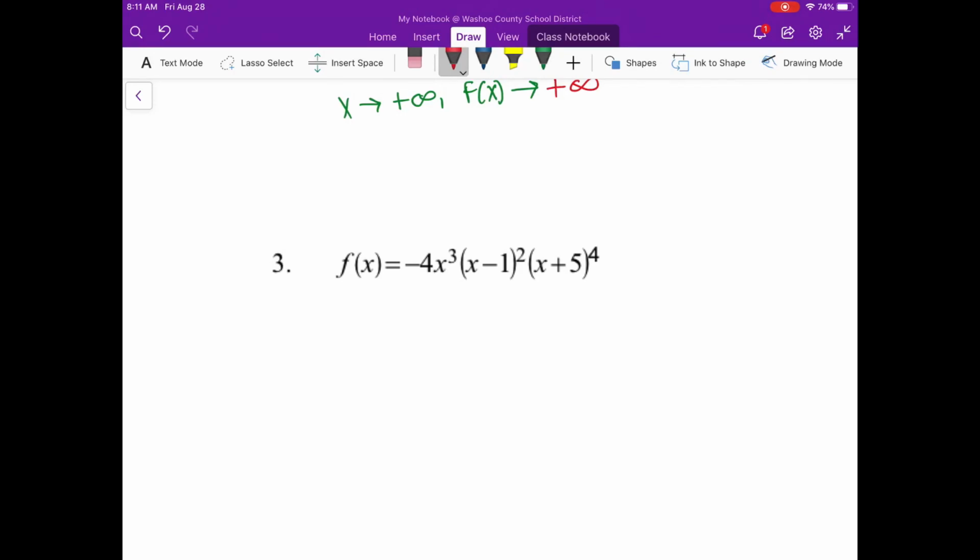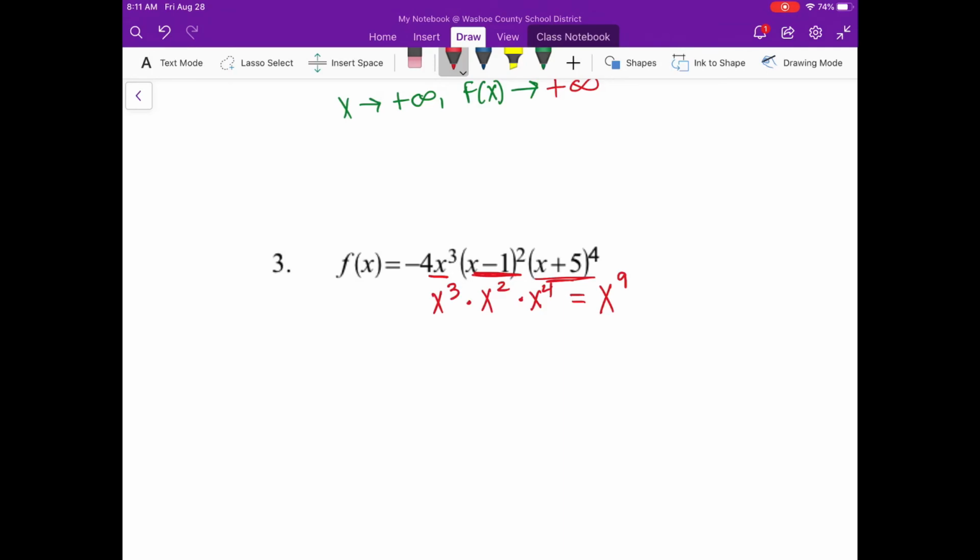So what's really happening, we're multiplying the exponents. Here I have an x cubed that's being multiplied by, if I went ahead and double distribute it, that would become an x squared term, and this would become an x to the fourth term. So what happens when you multiply exponents? You end up adding them. So this function actually is an x to the 9th function.